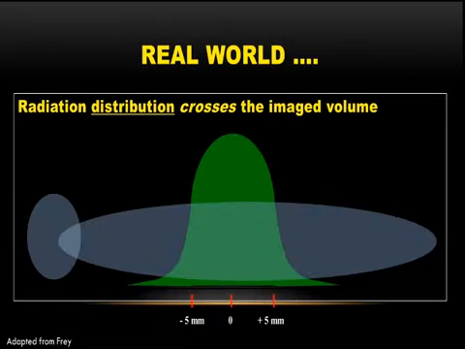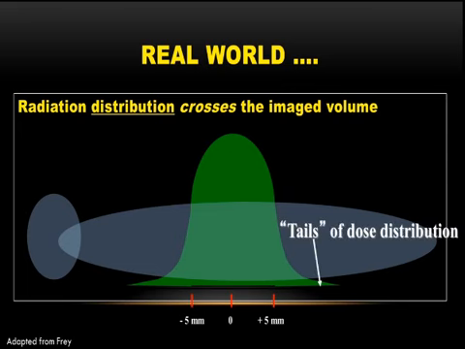So in the real world, along the z-axis of the patient, we have a distribution with dose tails because of scatter radiation. We have a rounded off peak dose that we need to deal with.